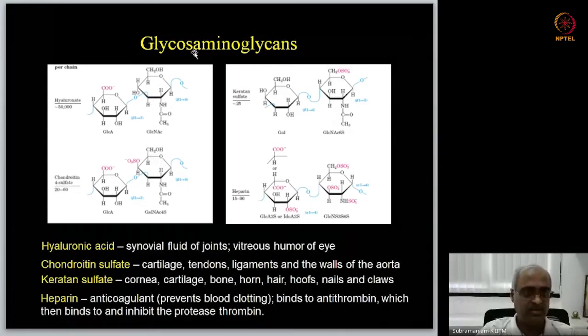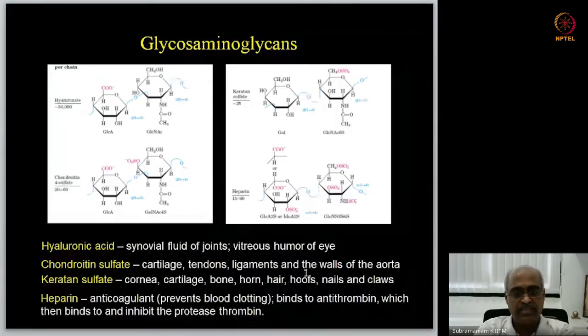When it is glucosamine, you call it glucosamine. If you are referring to any other hexose or monosaccharide, you simply say glycosamine. The focus is on this amino group. And when you have long chains of them, they are called glycosaminoglycans. Here we are looking at the 4 major ones, and they all have very important functions, and that is why we are interested in learning the structures here.